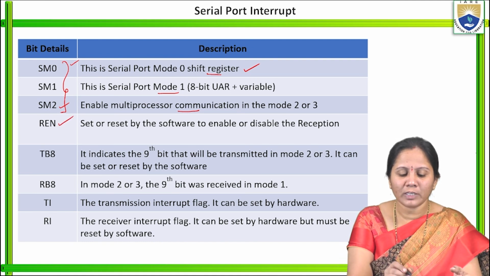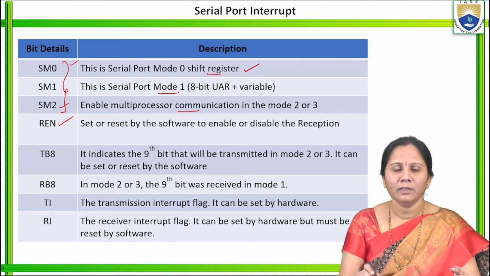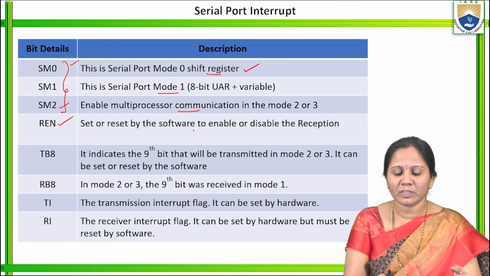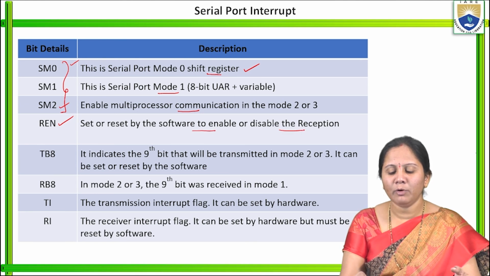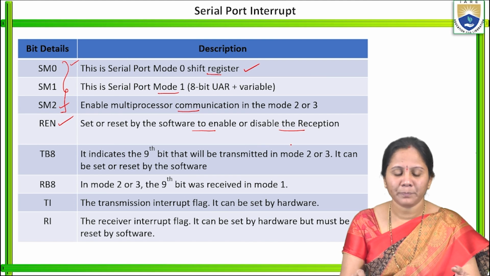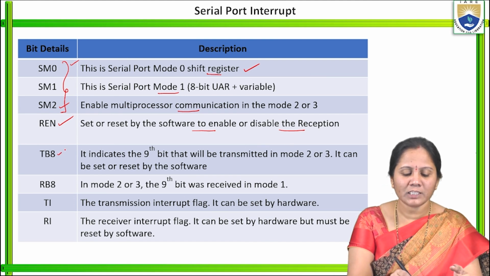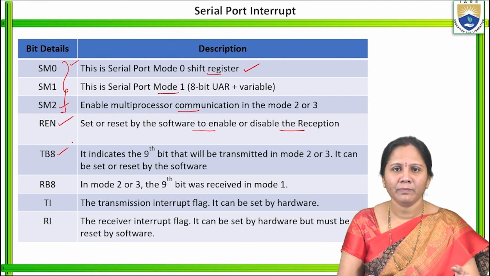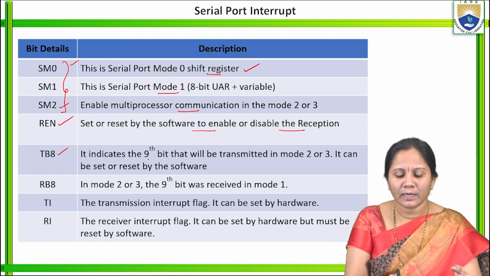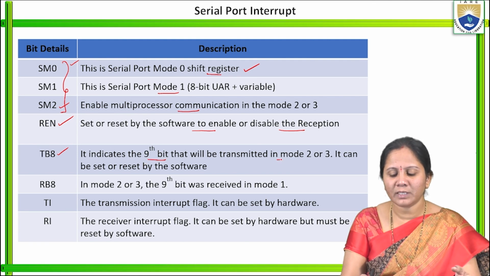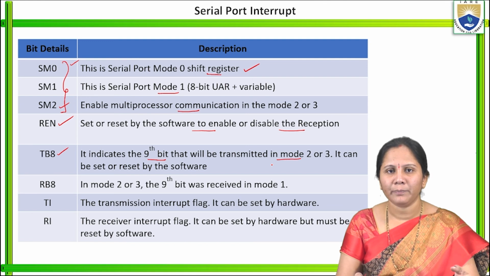And the next bit of SCON register is REN. Using this REN bit, reception can be enabled or disabled by the software, but it is only for reception. And next bit is TB8. It indicates the 9th bit that will be transmitted in mode 2 or 3.